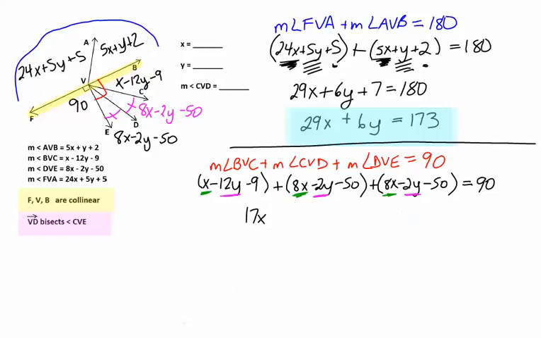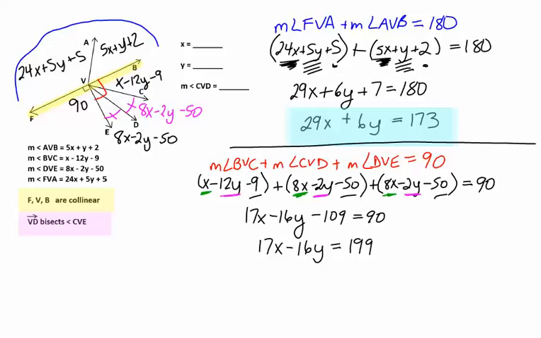It's going to be a minus 16y. And then for our numbers, just kind of keep organized. Negative 59, negative 109. We need to get those numbers on the other side, so we have 17x minus 16y equals 199.